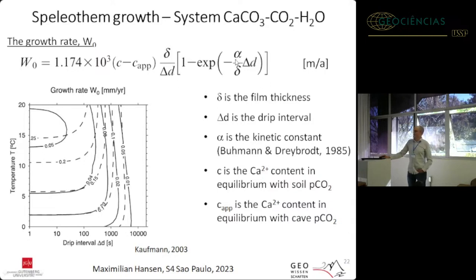There's the alpha, which I showed you before. That's the kinetic constant for the precipitation rate. And then you have C and C apparent, which is in this case again the calcium content in equilibrium with the soil PCO2 and the calcium content in equilibrium with the cave PCO2.